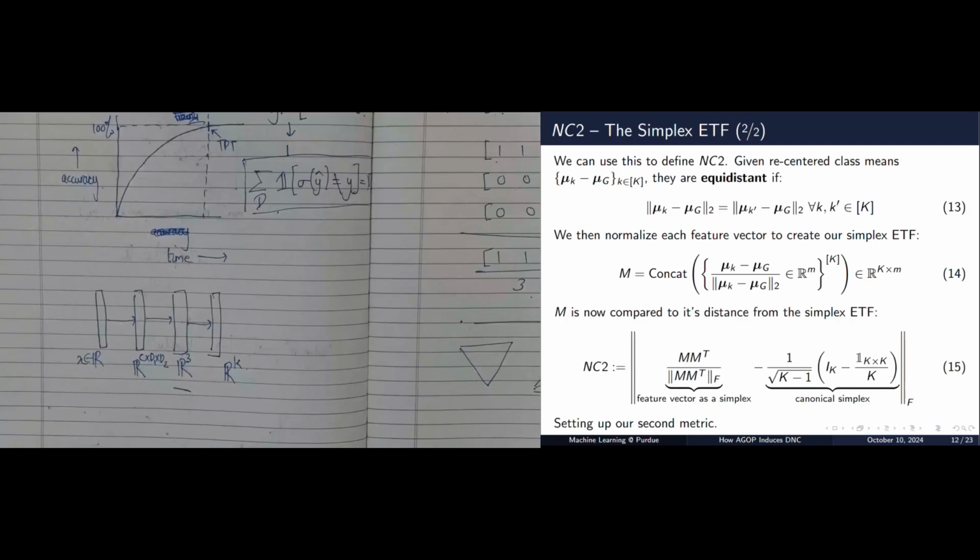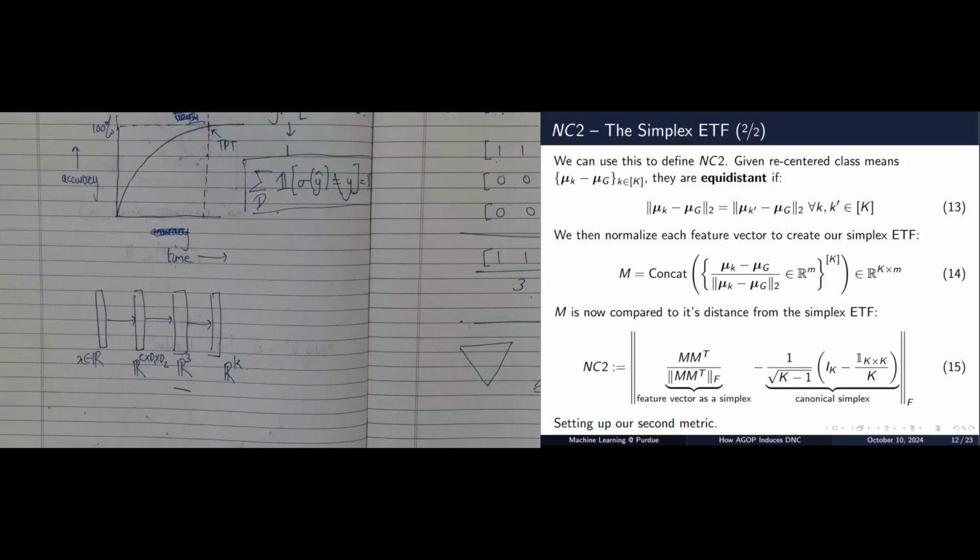So we are normalizing within the specific class and concatenating it to this big K by M matrix, and M is now compared to the distance from the actual simplex ETF. This M is what we get over here, and this simplex ETF is the definition that we had in the previous slide, equation number 12.